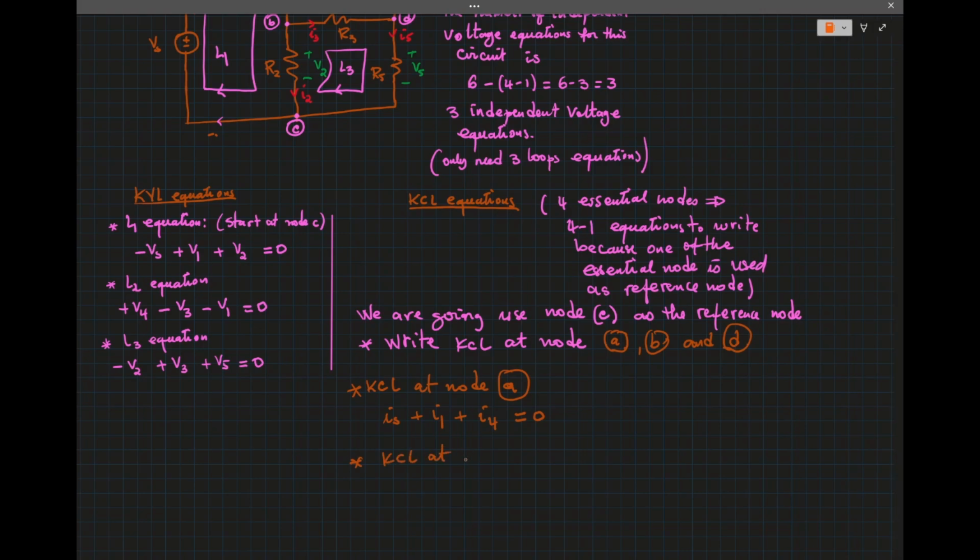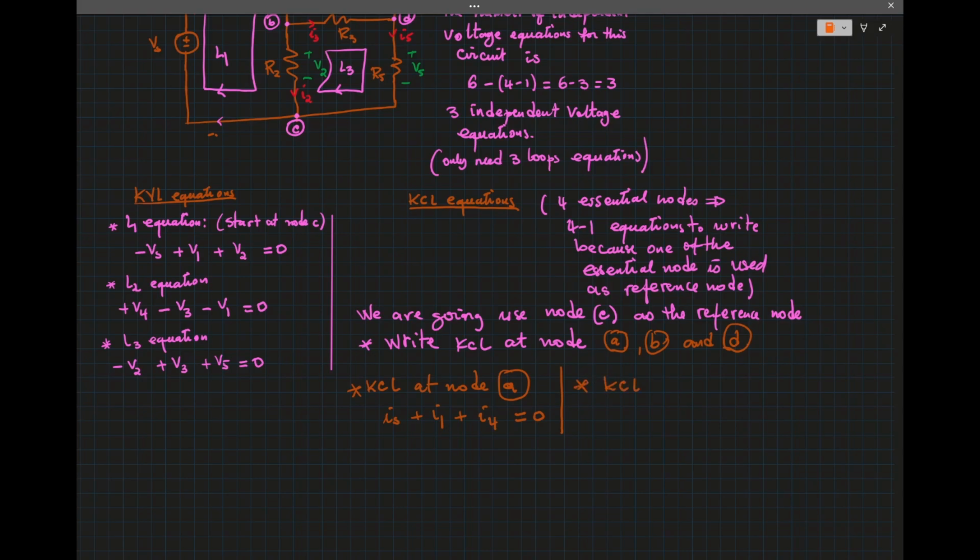Now KCL at node B. To make some space, I'm going to do it like that.